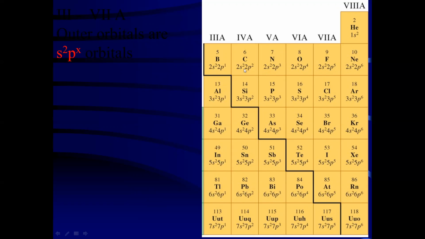So similarly here, carbon has s2p2, and s2p2, s2p2, s2p2. And the only difference is the principal quantum number increases from 2 to 3 to 4 to 5, right? This is a general trend.